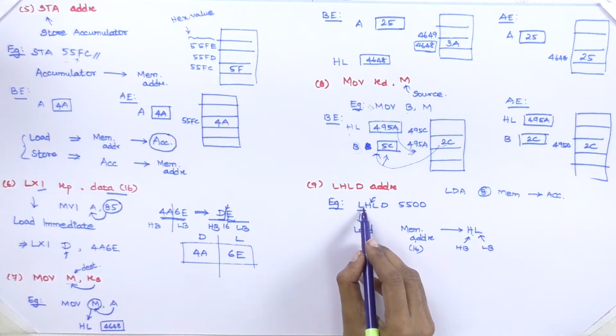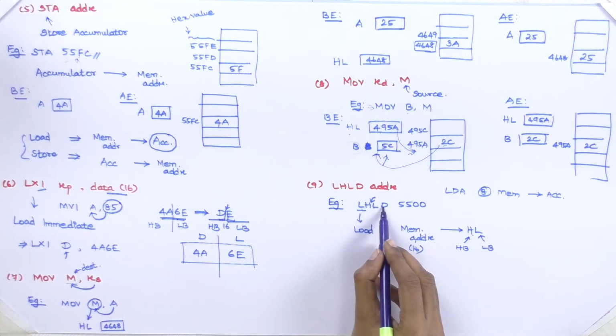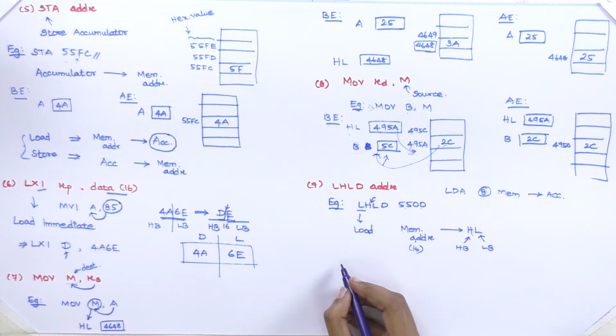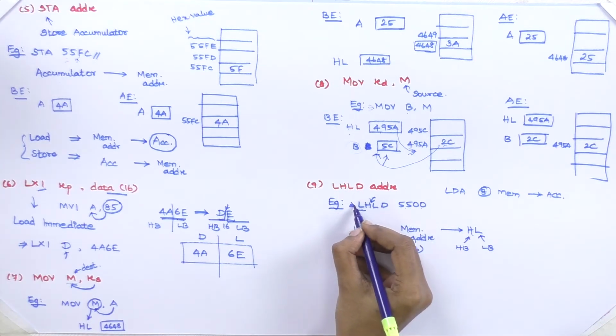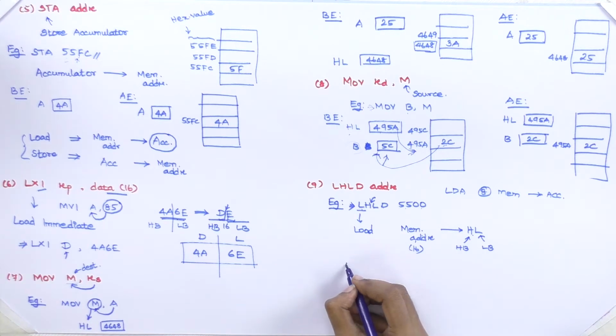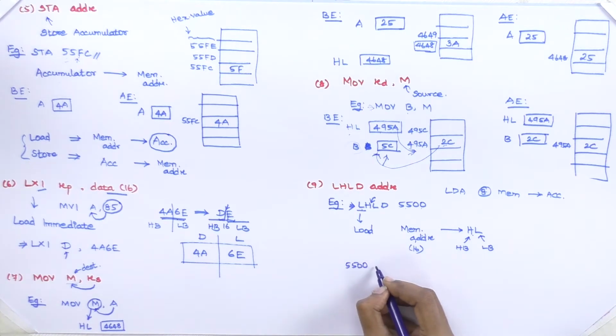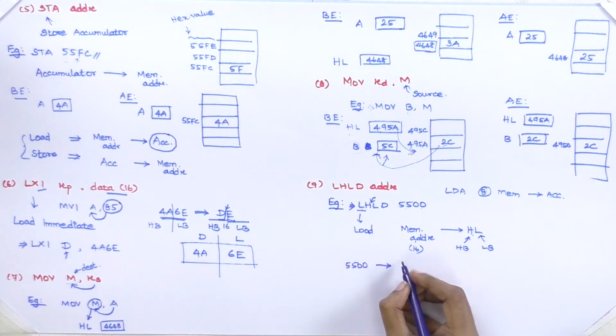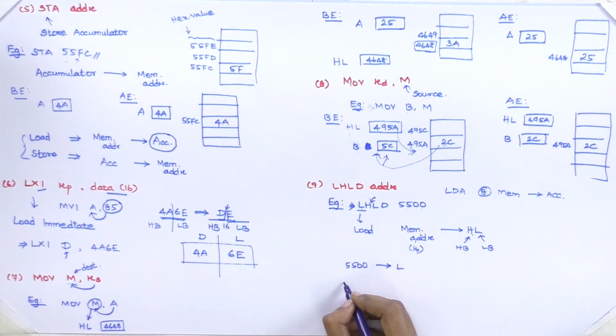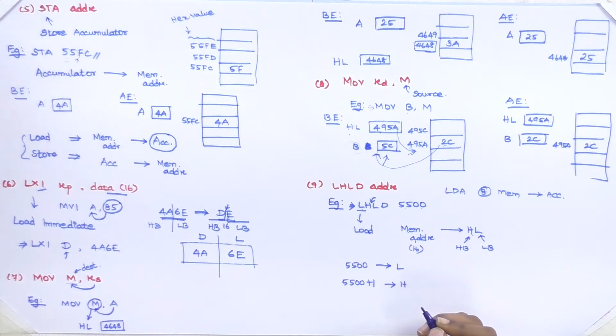So let us see how it operates. We take this example, LHLD 5500. What will happen if the processor executes this? The value in 5500 will get stored in the L register. The next location, 5501, which is the memory location plus 1, will get stored in the H register. Let us see before execution.